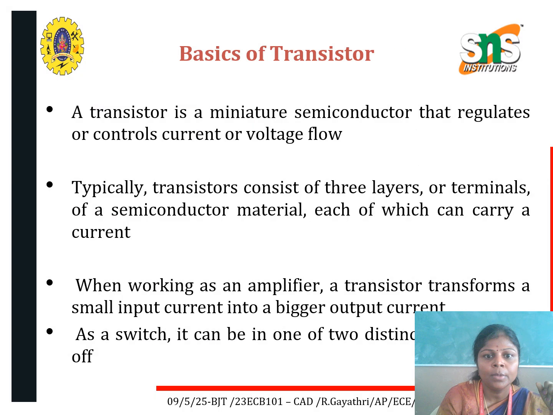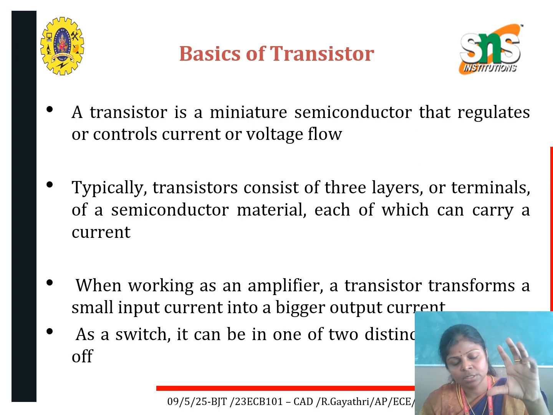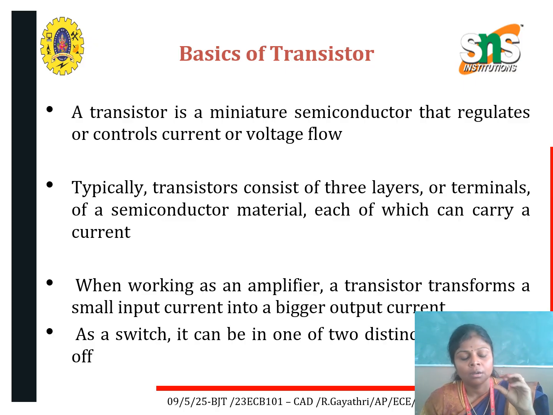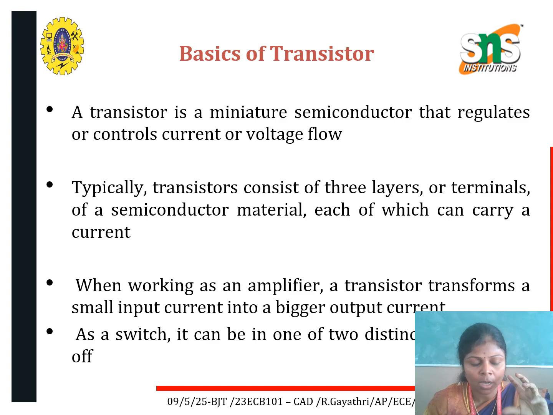Coming to the basics of transistor, the transistor is a miniature part of the semiconductor device which is used to control the voltage or current flow in a particular circuit. The transistor has three terminals: emitter, base and collector, whereas the diode has only two terminals.